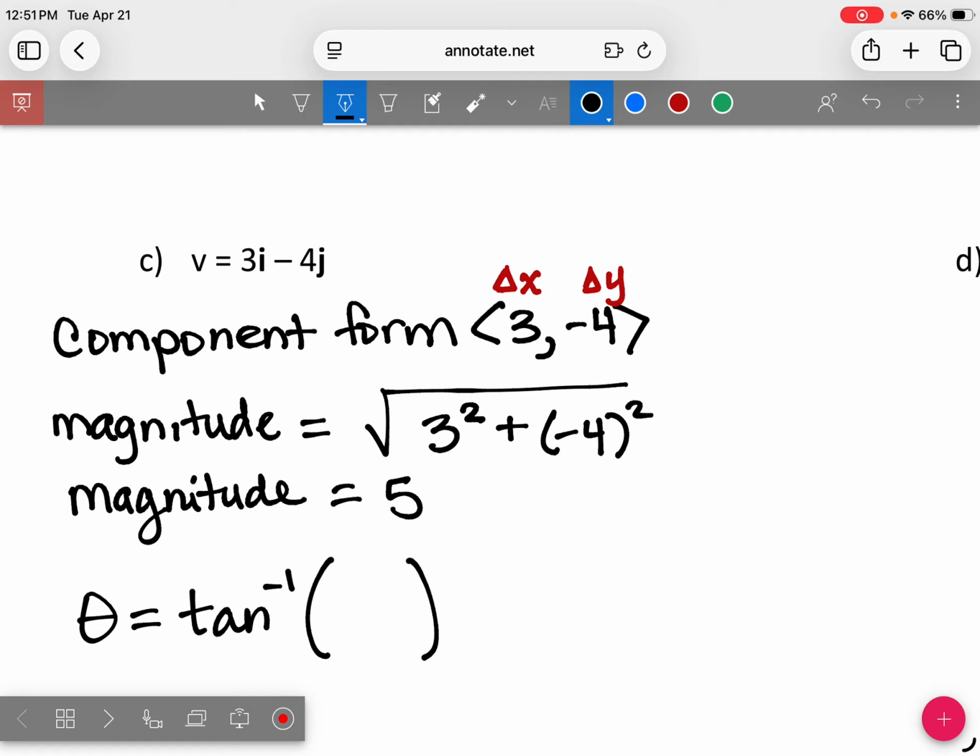And your direction, that's the inverse tangent of, it's always tangent, delta Y over delta X. Go ahead and type that in your calculator.